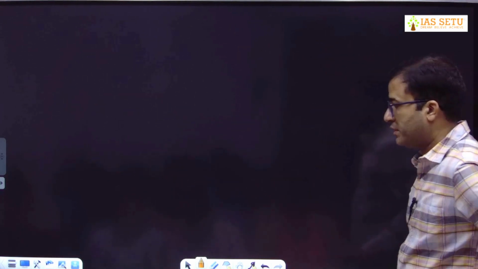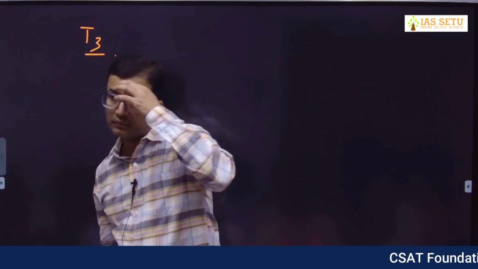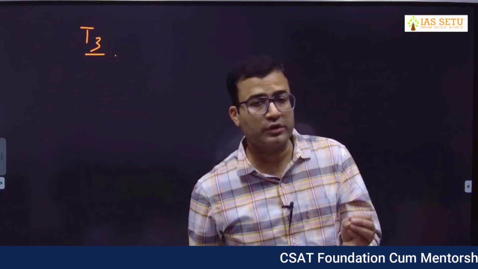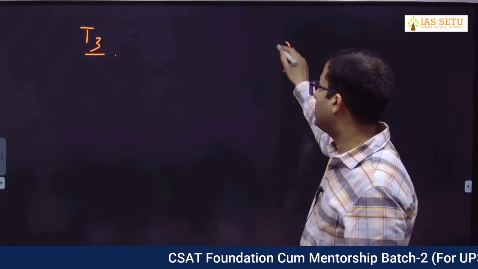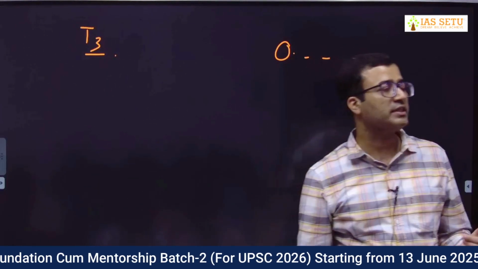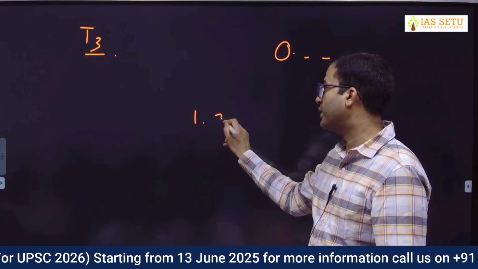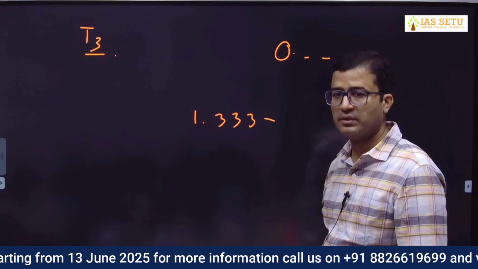Now what is type 3? Have you noticed I have taken each and every question like 0 point something, 0 point something. So type 3 is if before decimal also we have some digit like 1.333. That's it.